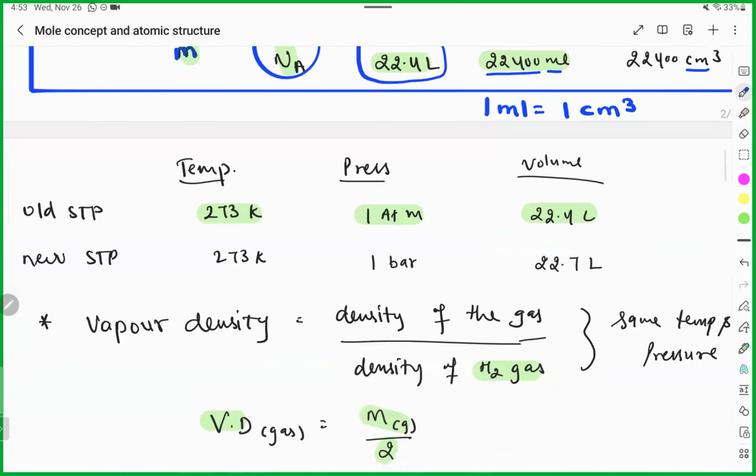According to the old STP system, which we take most of the time, it is 0 degree Celsius and 1 atmospheric pressure. You did this in the kinetic theory of gases chapter also, right? This is the volume we take, 22.4 liter. But in the new standard, pressure is 1 bar, not 1 atmosphere. So the volume will slightly change, but still in most calculations you use 22.4. Don't worry.